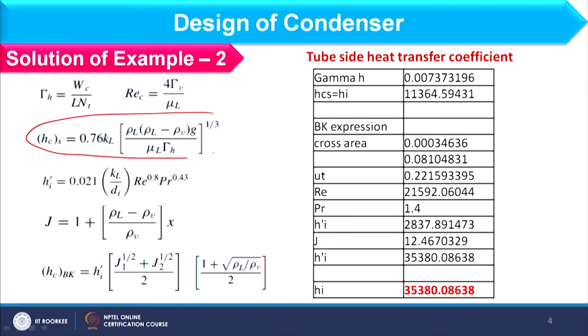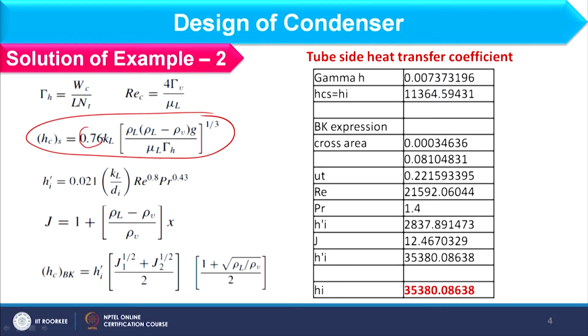Okay. So, as far as stratified flow is concerned, we can consider Nusselt equation, that is 0.95 into some properties, and that should be corrected by some factor, and that factor is 0.8, right. So, correct expression I am having for stratified flow is this. Okay.